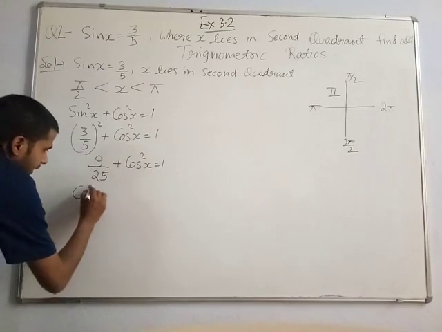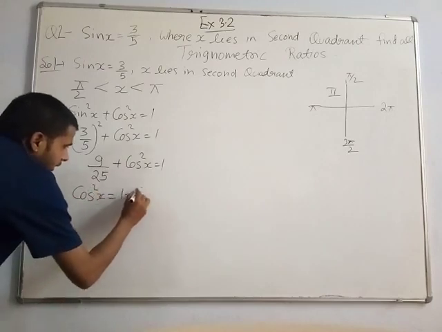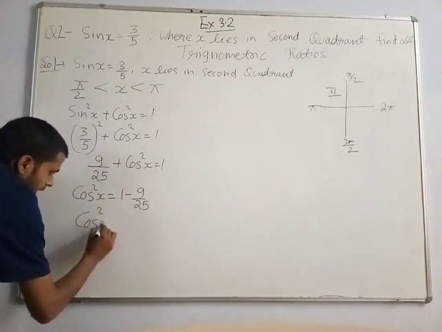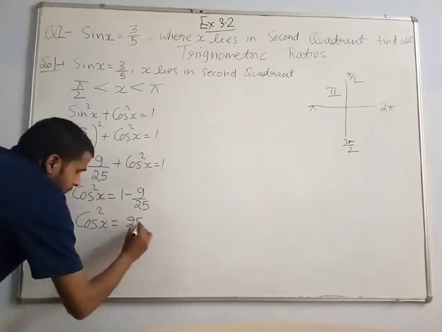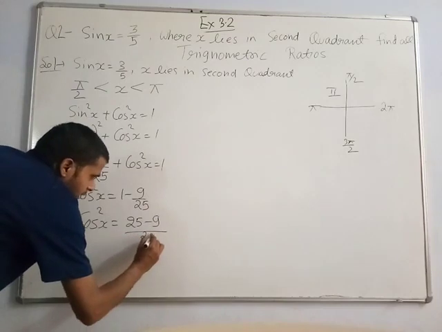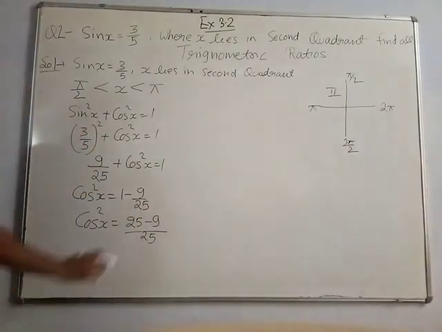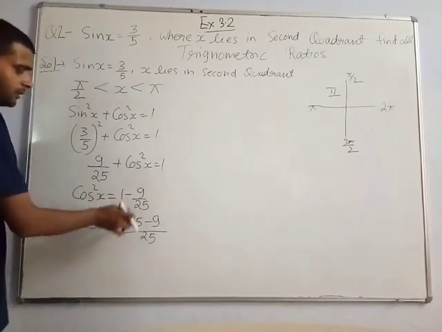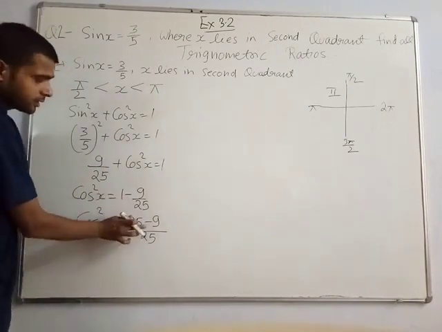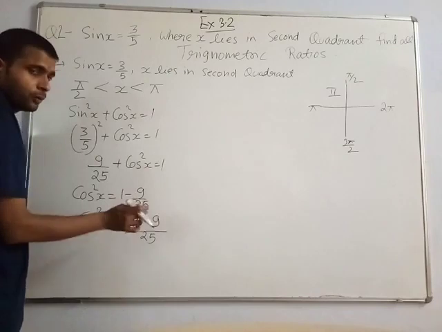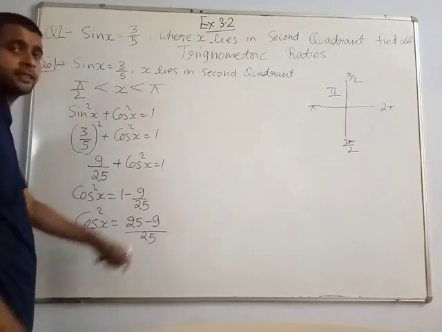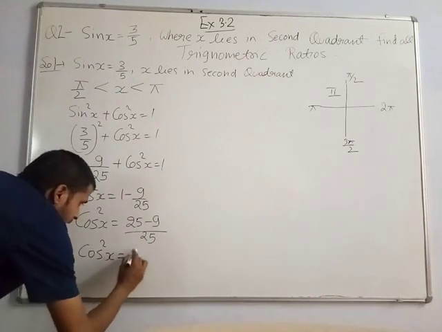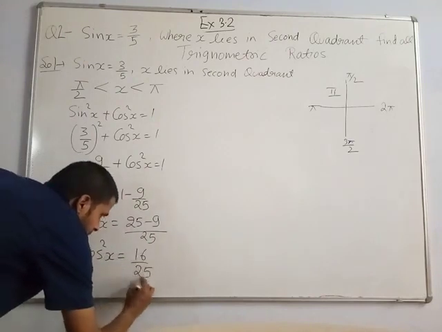So cos square x equal to 1 minus 9 upon 25. We have to take the LCM. So cos square x equal to (25 minus 9) upon 25, that is 16 upon 25.